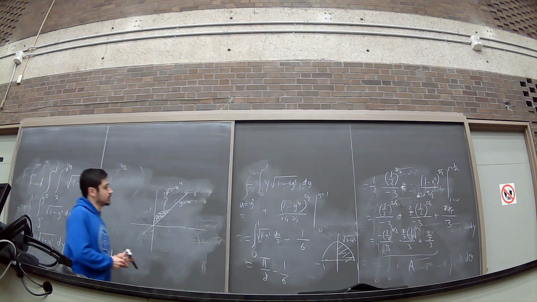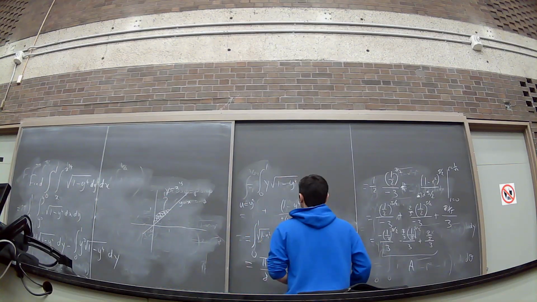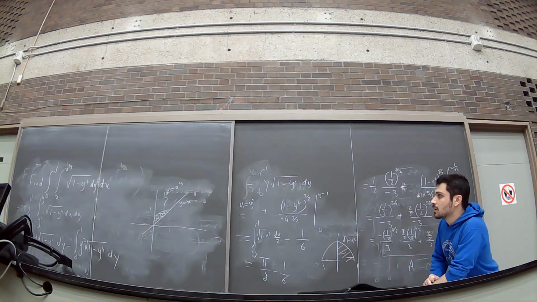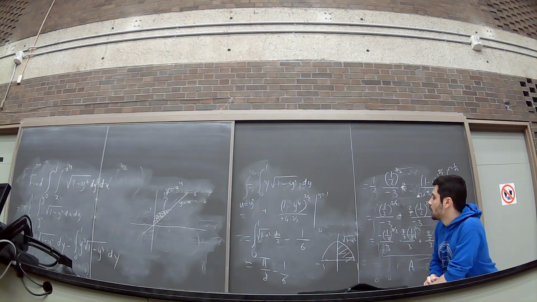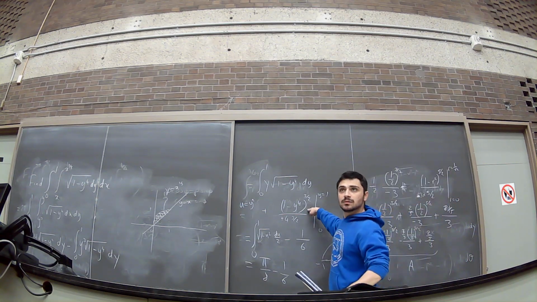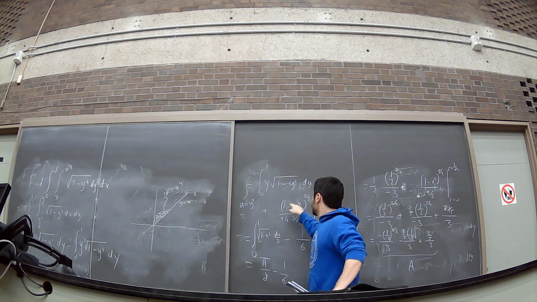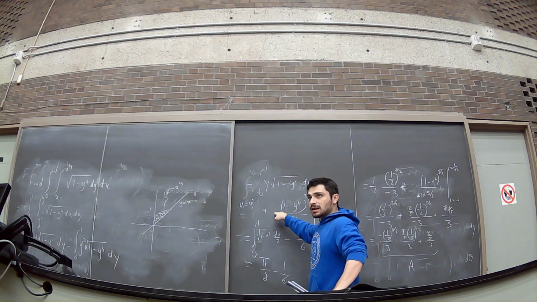Plus 1 over 6 could be. Could be. Did anybody get plus? Let's try it. So y minus y cubed. Okay, so differentiate this one. What do you get? You get minus 4y cubed times 3.